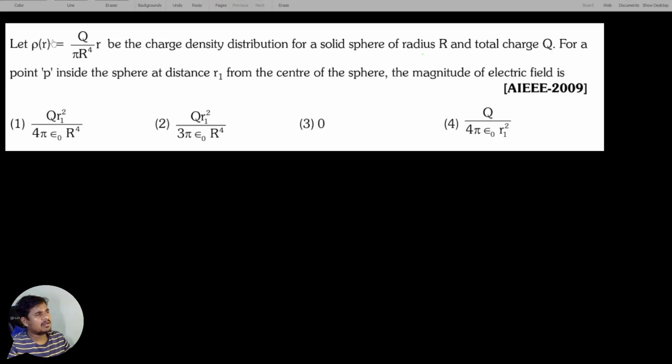Okay, and the charge density is given, that is non-uniform. It has radial symmetry and it is increasing as we move away from the center.